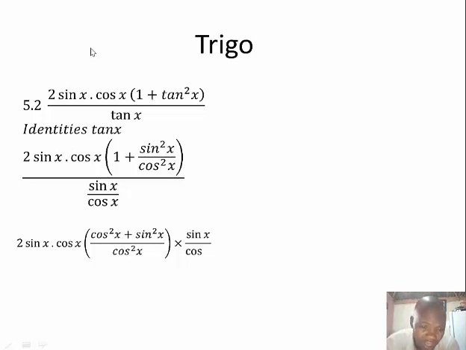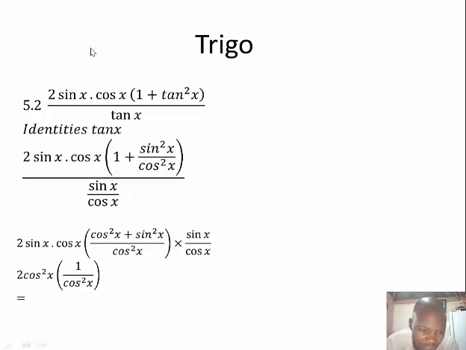And remember, once you have done this, you will then start solving the bracket. In the bracket, you know that cos squared x plus sine squared x is 1. So if you are resolving the 2 sine x and cos x by sine x, you will get your 2 cos squared x, and you'll get your 1 over cos squared x, right?